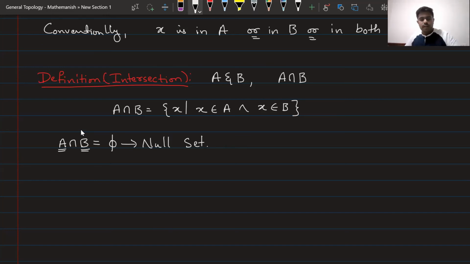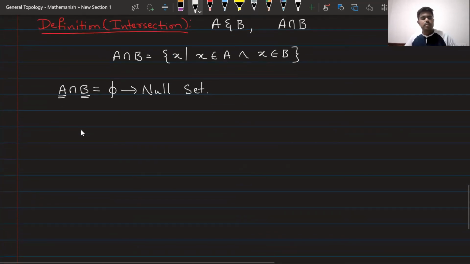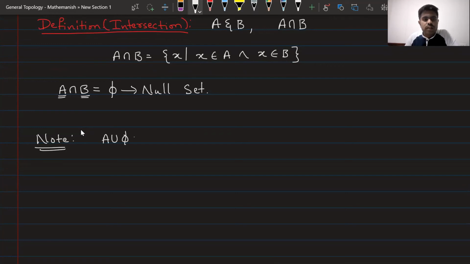From the previous two examples, it's obvious to note these two points: A union phi is A, and A intersection phi is phi. You can verify these two. They are very obvious from the definitions itself.